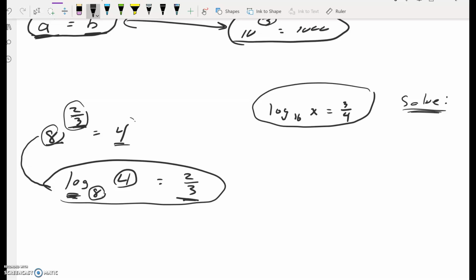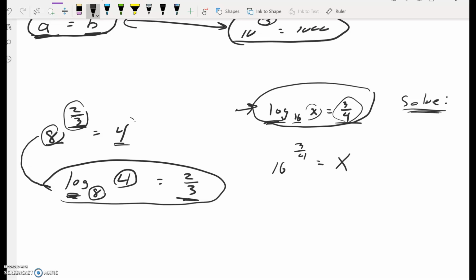So one strategy, a beginning strategy, but a pretty good one, is to change this from a logarithmic equation into an exponential equation. So the base is 16, and the power we're raising it to is the logarithm, because logarithms are powers, logarithms are exponents, and this logarithm's 3/4. And then this is the result that you get.